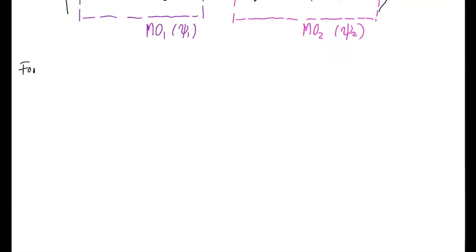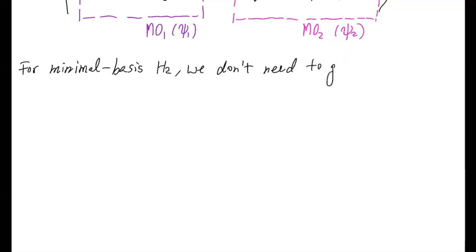For a minimal basis hydrogen molecule, we don't need to guess a coefficient matrix, because due to symmetry, we know those coefficients.